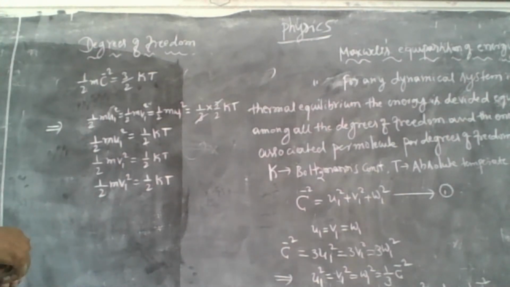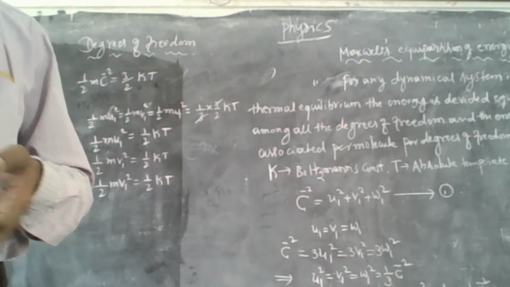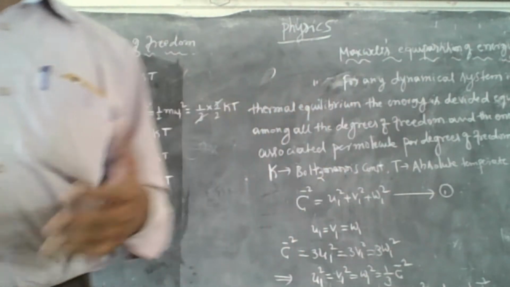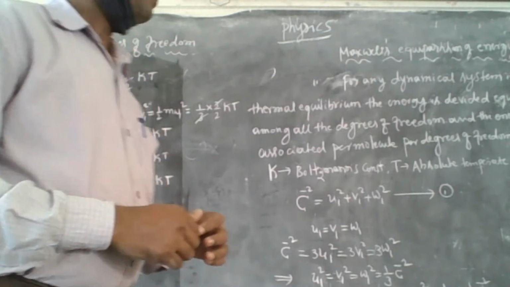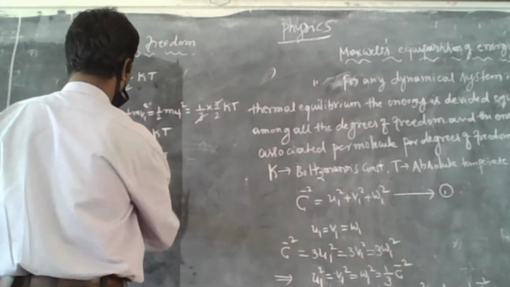Suppose a gas molecule has 3 degrees of freedom due to translatory motion.